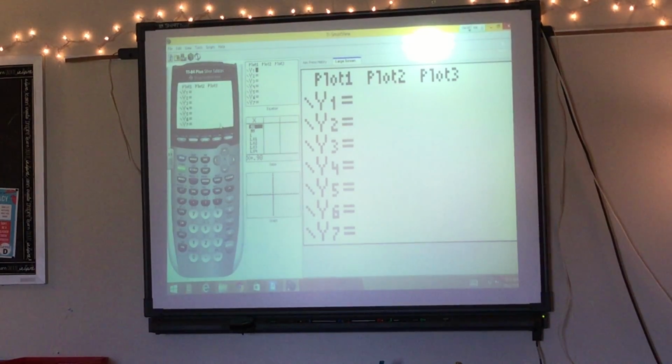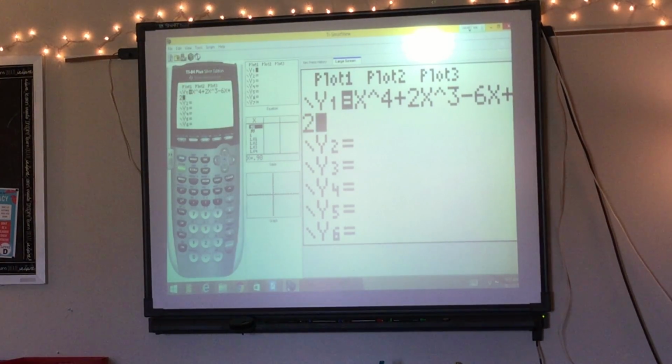I'm going to have you go to your y equals screen, and we're going to type in a function: x to the 4th plus 2x cubed minus 6x plus 2. So type that into your y equals screen.